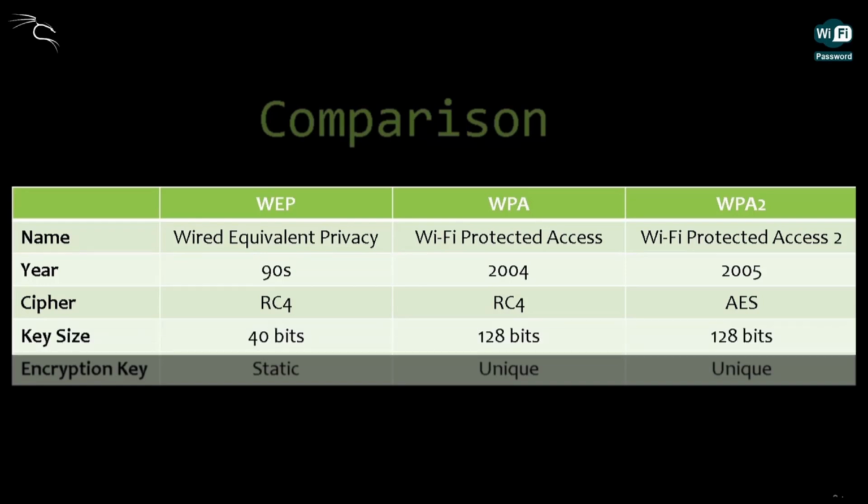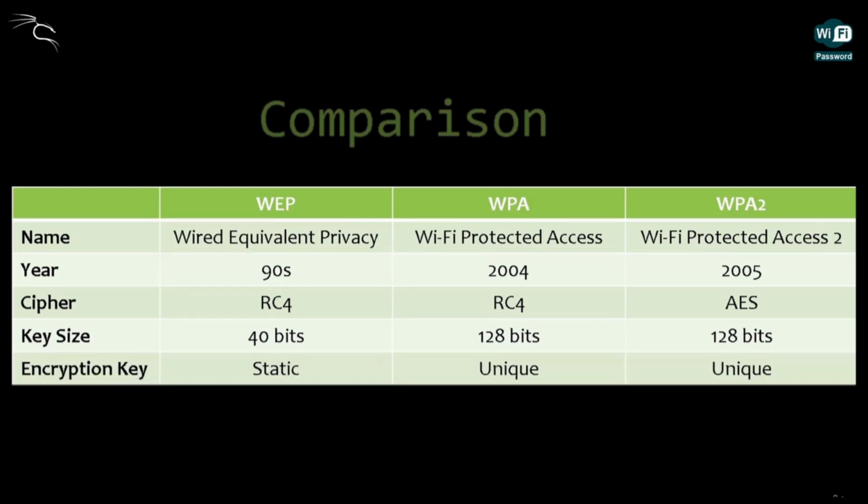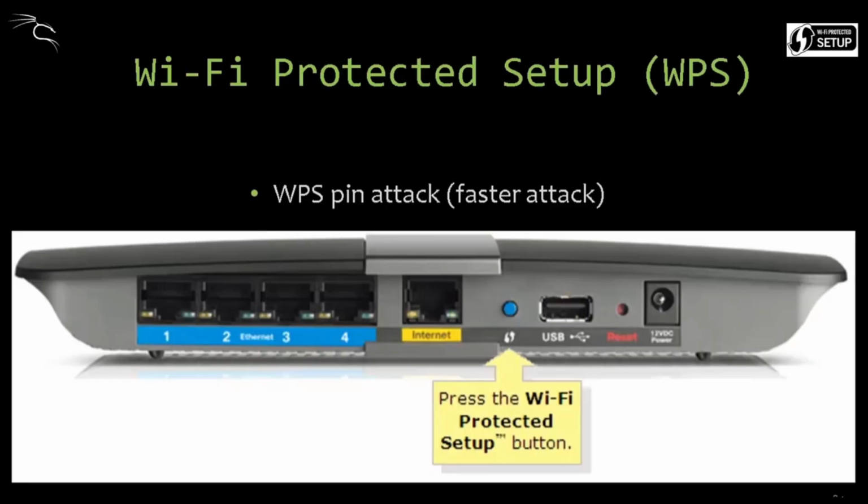The key size varies from 40 bits in WEP to 128 bits in WPA and WPA2, and the key is static in WEP, so for that it's much more susceptible to attacks, while the encryption key changes uniquely in WPA and WPA2.